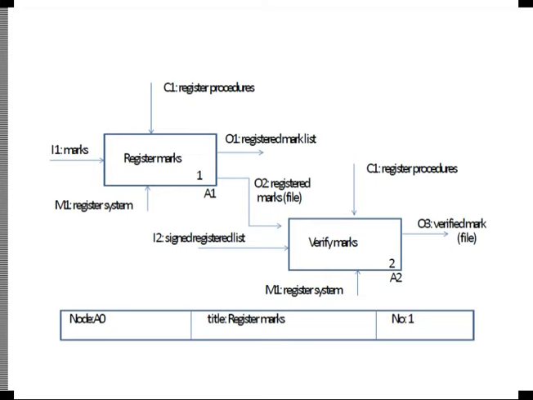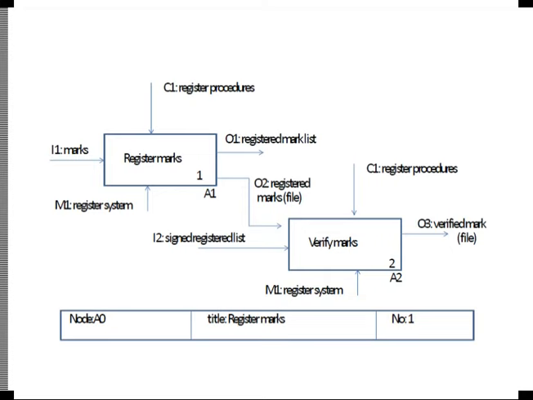Then, and that is a bit strange, what happens is this one is on paper. It's a paper sheet, it's a printout, right? And I'm getting it back. As a teacher, I'm getting it back and I need to sign it. So output 1, the registered marked list, goes back to me with the request to sign it.